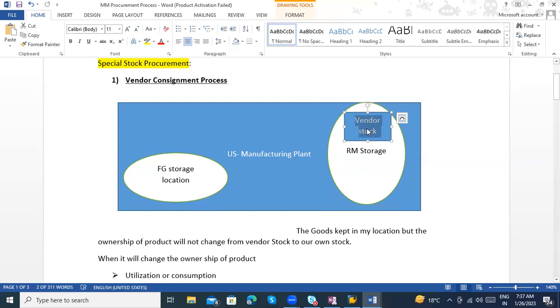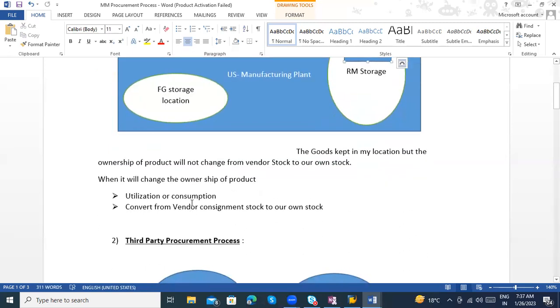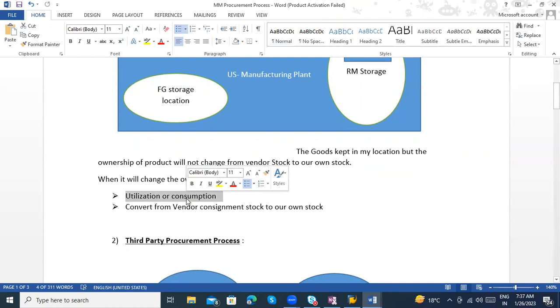When will it change? When the consumption happens, maybe for your own departments or cost centers. A cost center is nothing but a department, like finance, HR, or production department. When you utilize it directly for your own purpose, the ownership will be changed.